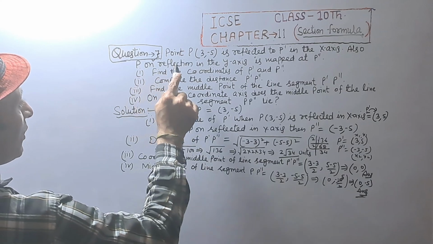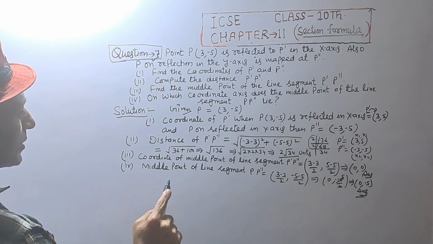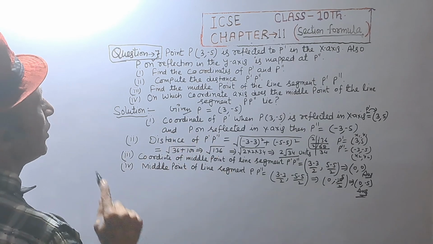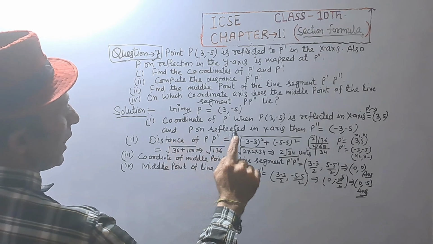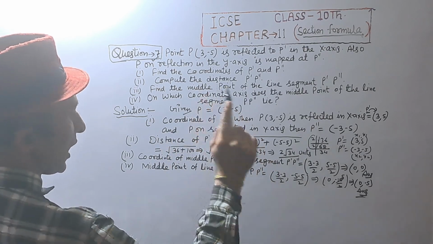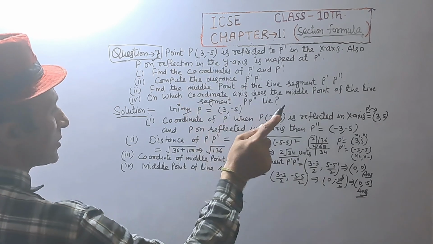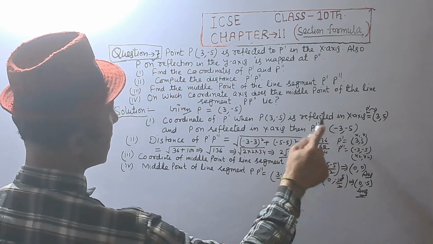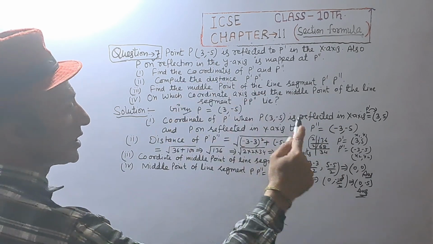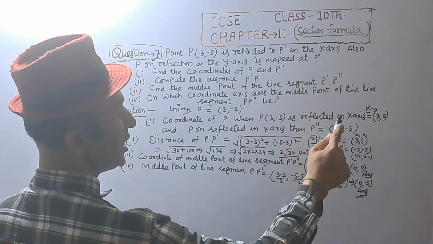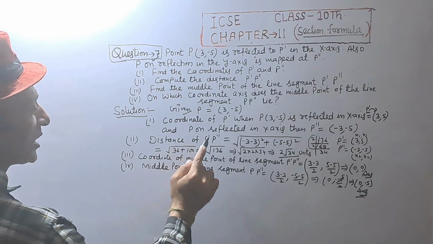And P on reflection in the y-axis is mapped at P double dash. P is (3, -5), reflected in the y-axis, so the x-coordinate will be multiplied by a negative sign, so 3 will be minus and minus 5 is as it is. So P double dash is equal to (-3, -5).